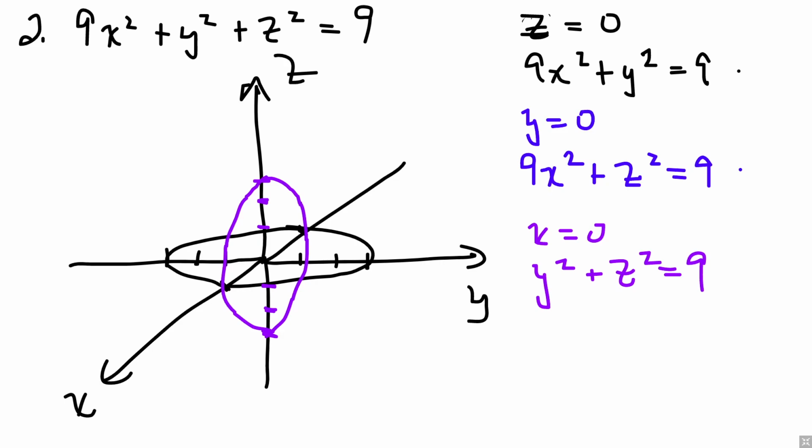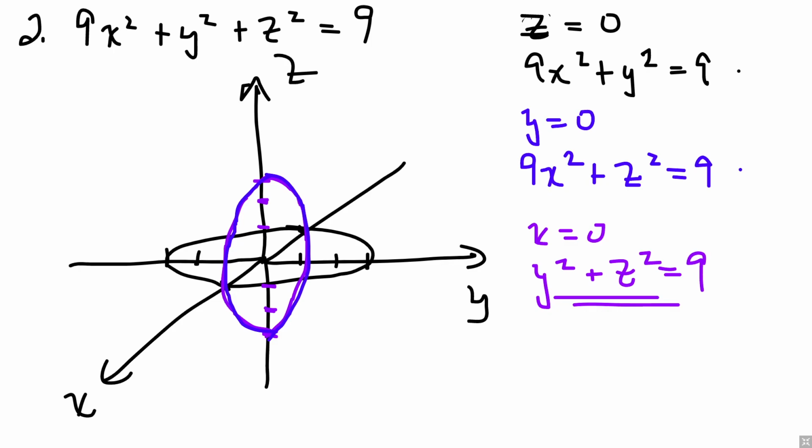And then finally, sorry, let me switch colors. The colors do match. There we go. All right, so finally, I'm going to do a graph in the yz plane. If I look at the graph in the yz plane, it's going to be a circle with a radius of 3.